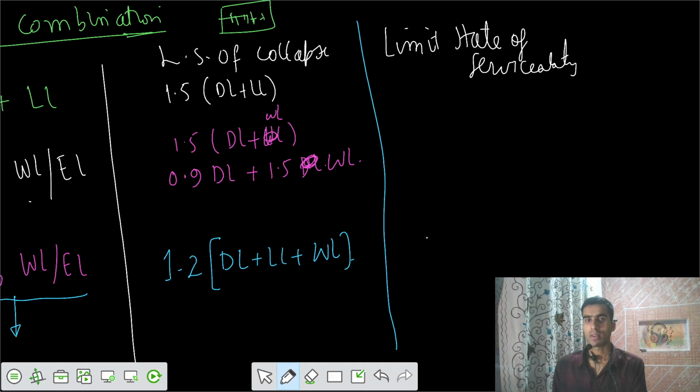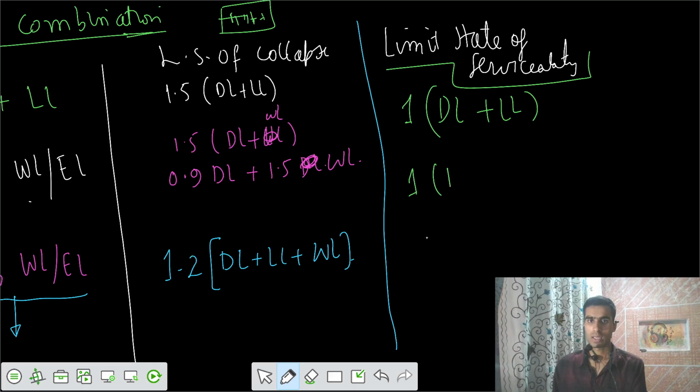There's simple load acting, serviceable loads, working loads. So we apply only 1 times: 1 times dead load plus 1 times live load for all those cases. So this is your 1 times dead load plus 1 times wind load. And in this case, we say there's dead load plus 0.8 times live load plus wind load.